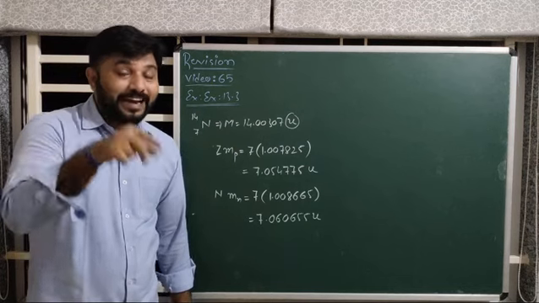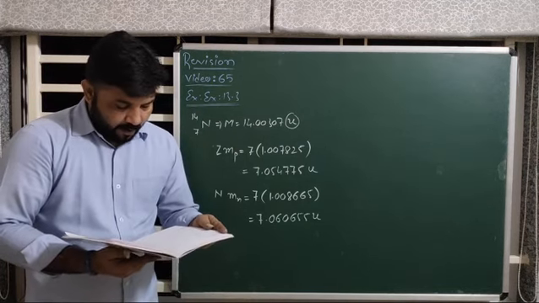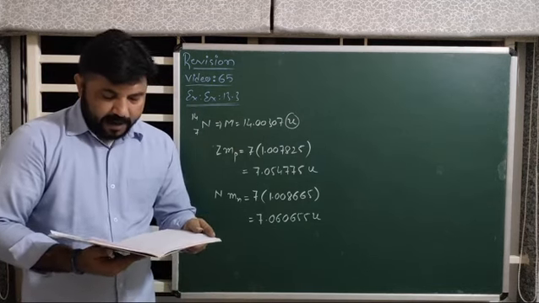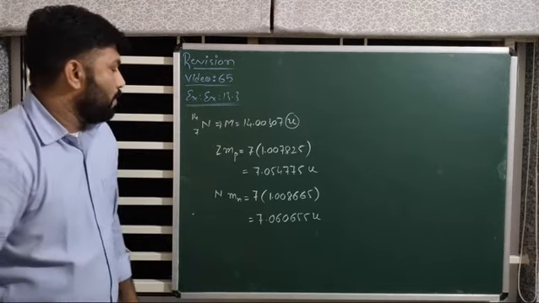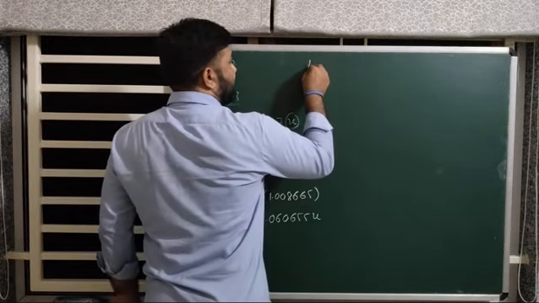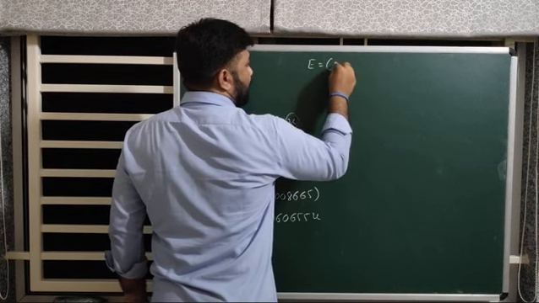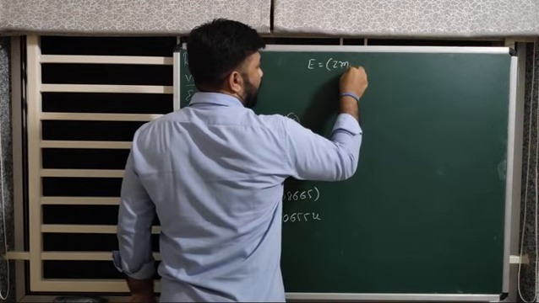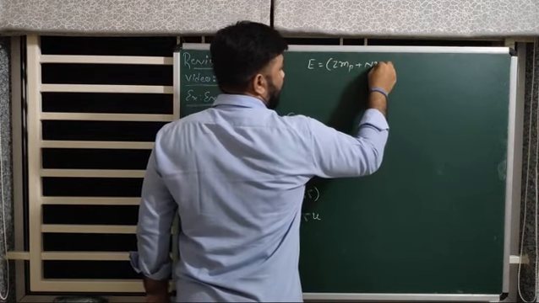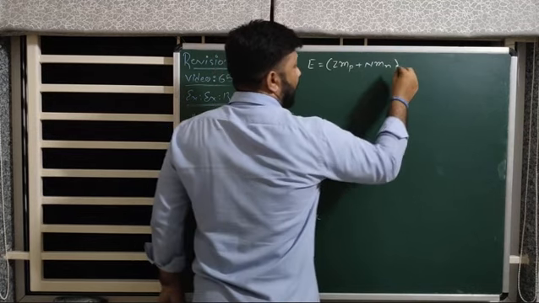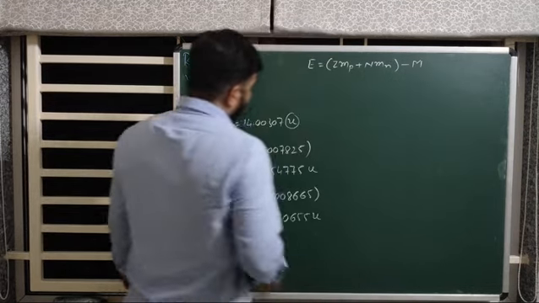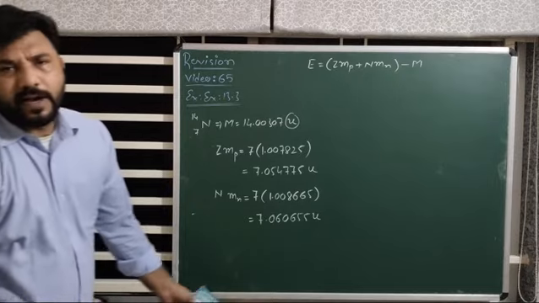And what to find? It is given, find the binding energy in MeV. So again you have to find energy. E is equal to the standard equation Z MP plus Mn minus M. All the values are given. It is very easy.